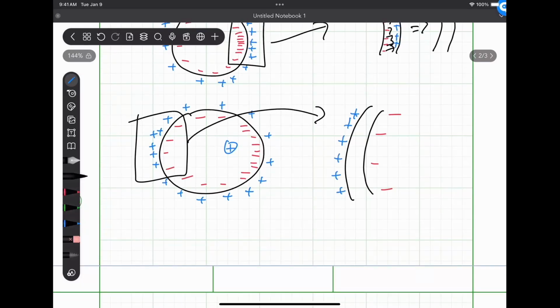Here we can use the idea that like charges really like to repel, and we see that these charges are really close to each other, right? So they must want to move away from each other as possible. As far away from, and we know from the superposition principle that there's this positive charge over here that may affect the positive charge on the left, and it wants to move away from the positive charge.